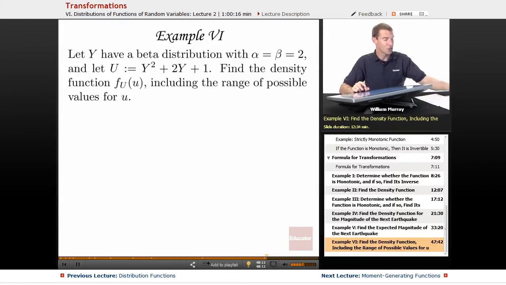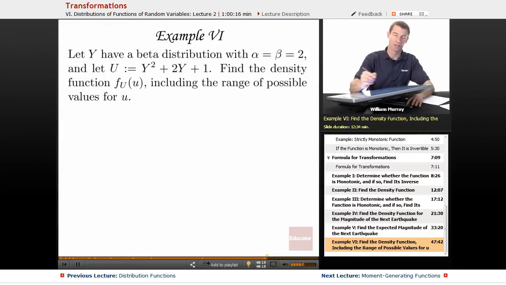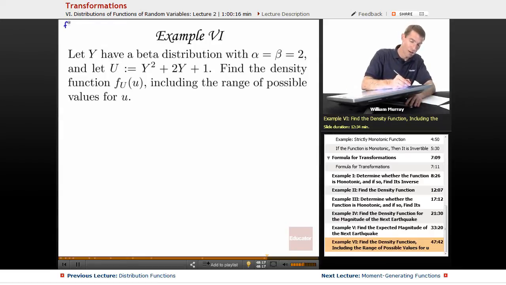Let me remind you of the generic formula for a density function for a beta distribution. So f of y is equal to y to the alpha minus 1, 1 minus y to the beta minus 1. And then we divide that by B of alpha beta.